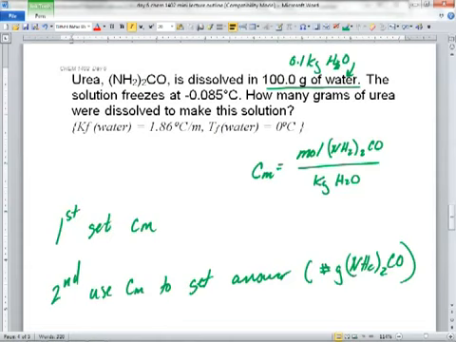Delta TF, yeah, because we're talking about where it freezes. So you have the negative 0.086, that's just your delta T, remember, because it's just water. So there you know delta T. They told you what KF was. You can find CM, and then use it to get the grams.